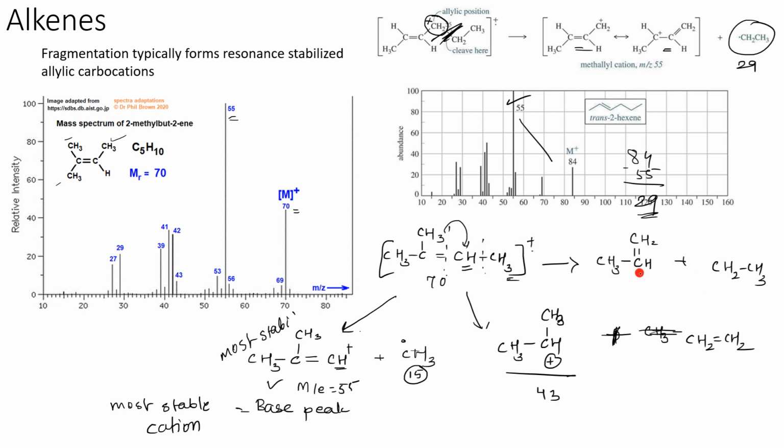So multiple patterns. Now this can further break into CH3, CH2 plus. So you go on getting fragments. That is why you are getting so many fragments over here. But the base peak is this. Just by these two pieces of information, you can get an idea what structure should be present in this particular molecule.